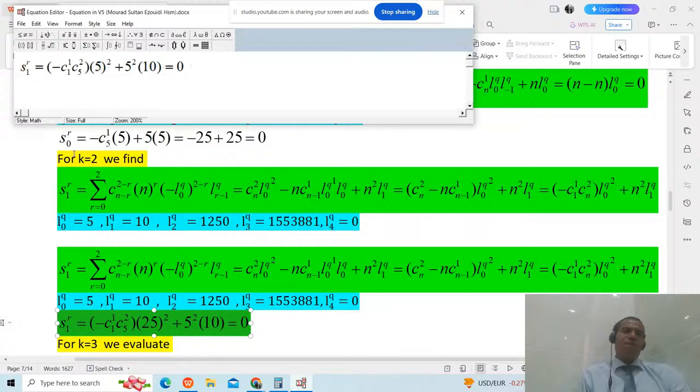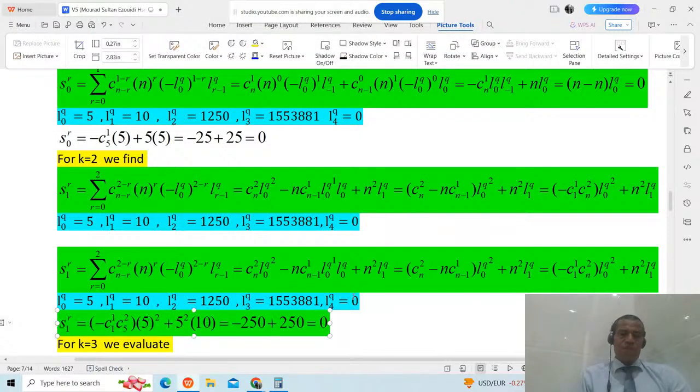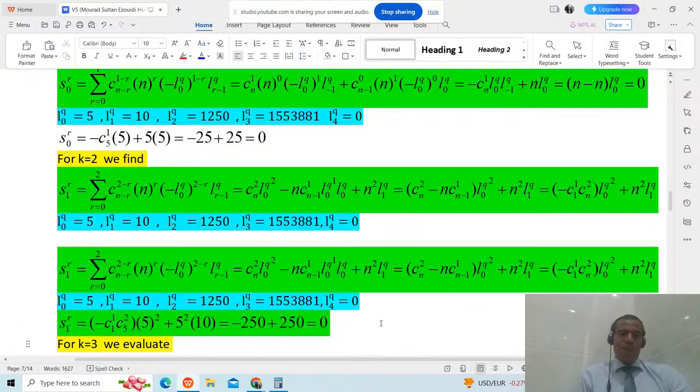So it will be negative 250 plus 5 squared times 10, which is plus 250. Equal negative 250 plus 250, which is equal to 0. Therefore, we proceed. We found the value of S1 is 0.